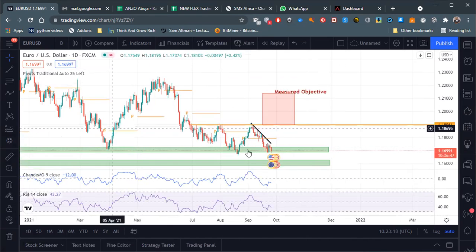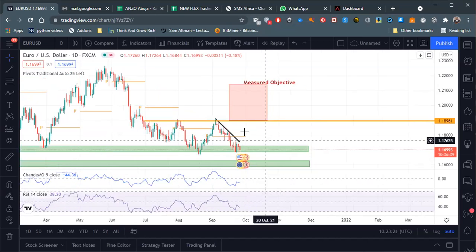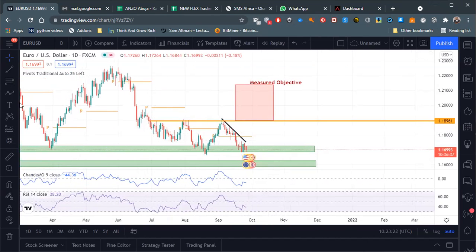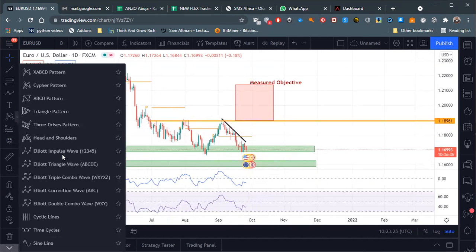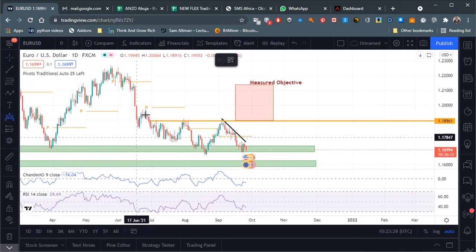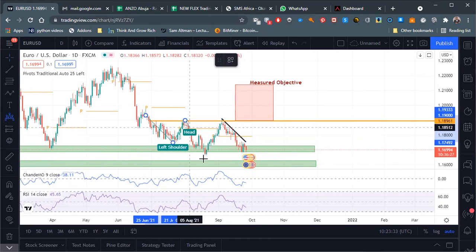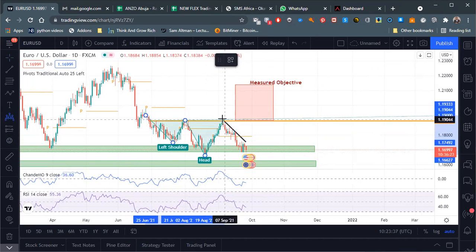You could see, I was talking about this head and shoulder pattern last week, but that has not so far seemed to materialize. So if you look closely, this is the pattern. This is what I was looking out for. An inverse head and shoulder, where this would be my left shoulder to neckline, then the head to neckline, and then somewhere around here, I was expecting price to do what?